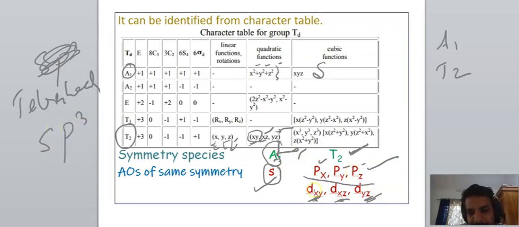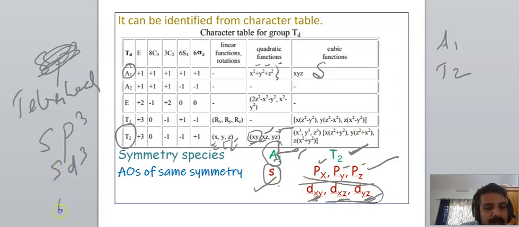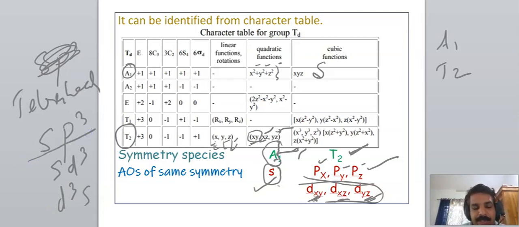Another possibility is a set of d orbitals, that is sd3 or d3s. So there are two possibilities for tetrahedral hybridization: sp3, which uses atomic orbitals s and 3p, or sd3, or d3s.